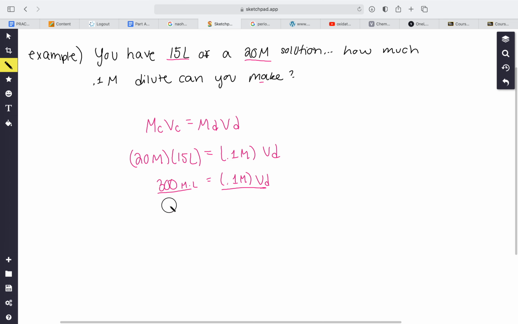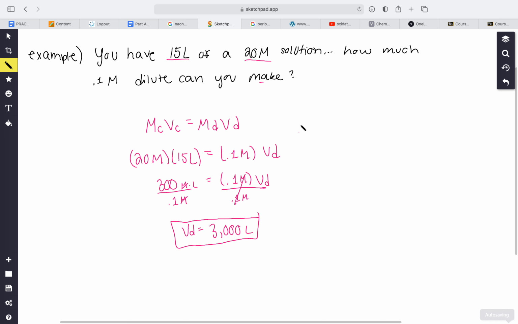Again, just basic algebra: divide each side by 0.1 mole, so we can cancel the moles there so that we know we get liters, and that means VD will be 300 divided by 0.1. So the amount of dilute that we can make is 3,000 liters, and that would be your answer.